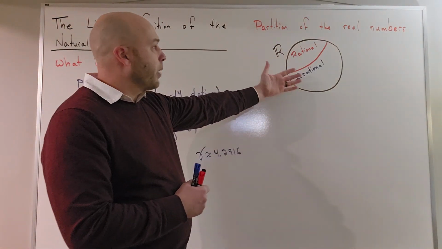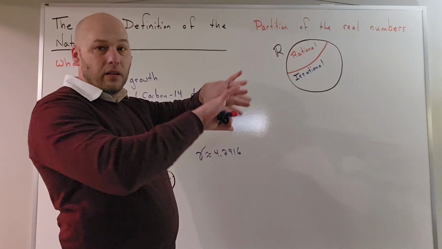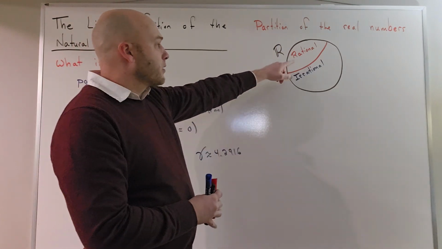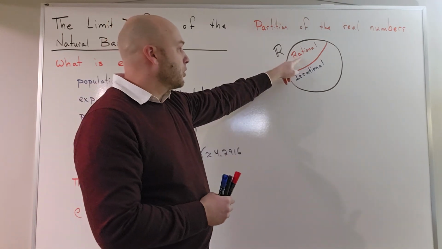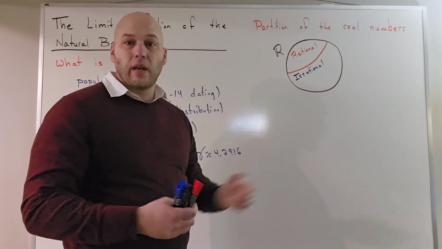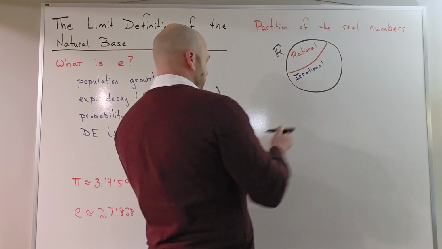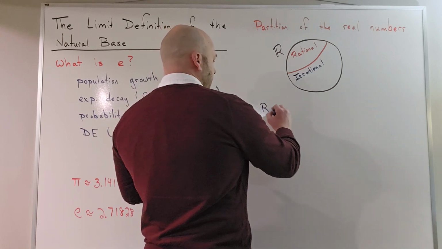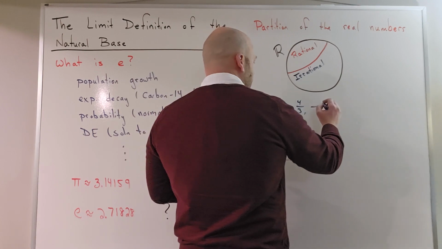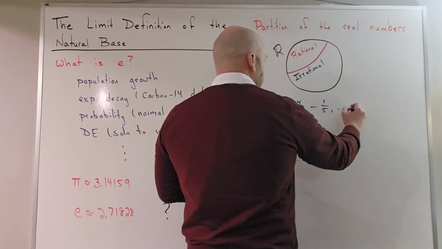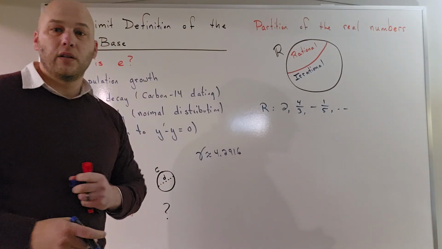I can partition, meaning I can separate it into disjoint sets, as rational and irrational numbers, right? Every real number is either rational or irrational, and there's no number that's both. For example, rational numbers would be things like 2, 4/3, negative 1/5, etc. In other words, a ratio of integers.